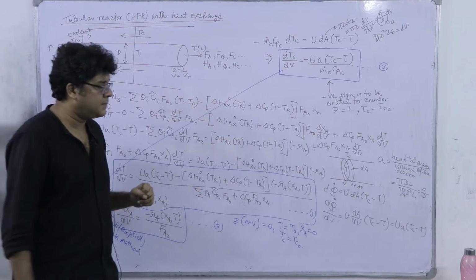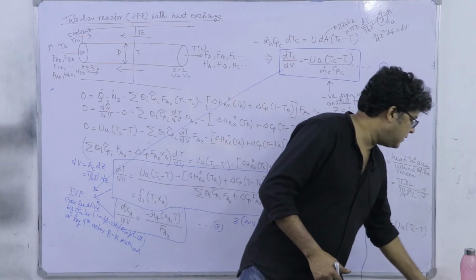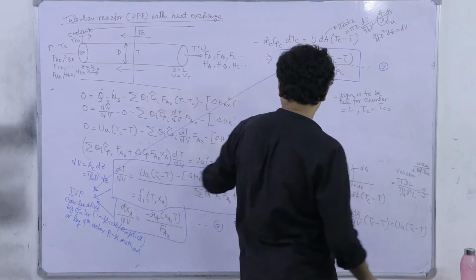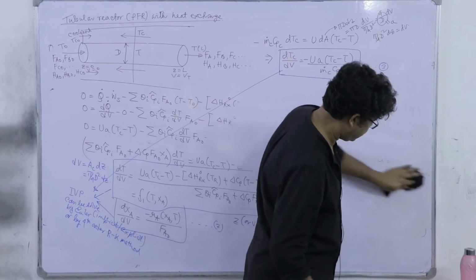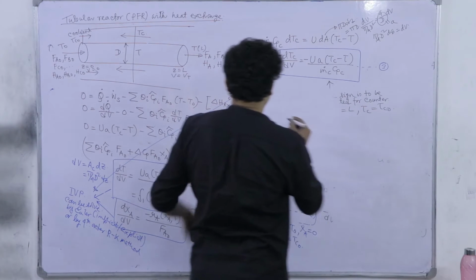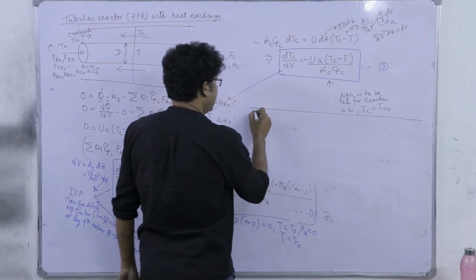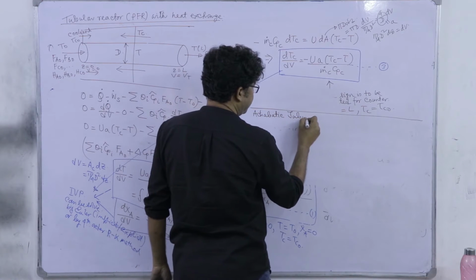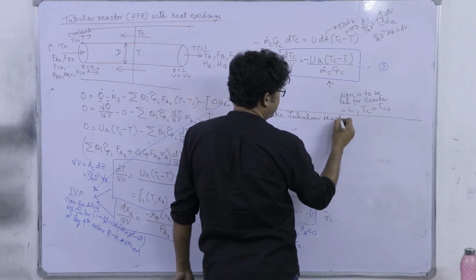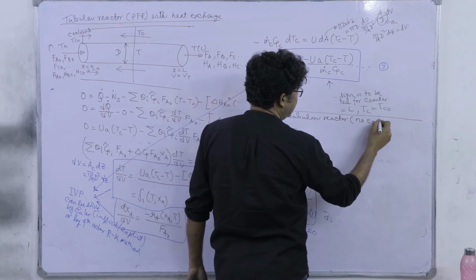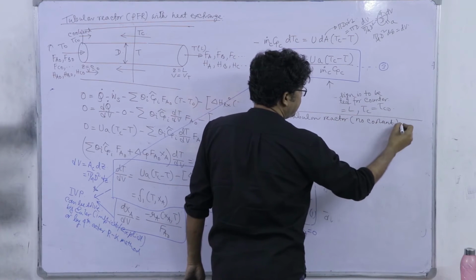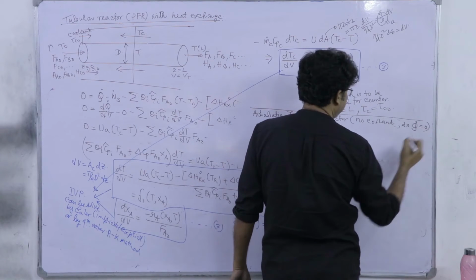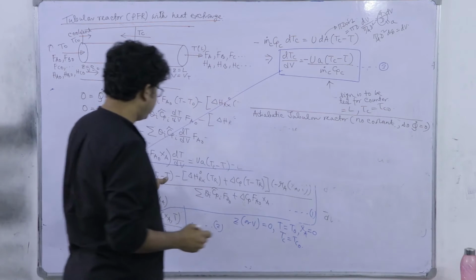Now you see, if I operate this reactor adiabatically, what will happen? It is an adiabatic tubular reactor. There is no coolant, so Q dot equal to 0. So this term is to be removed.